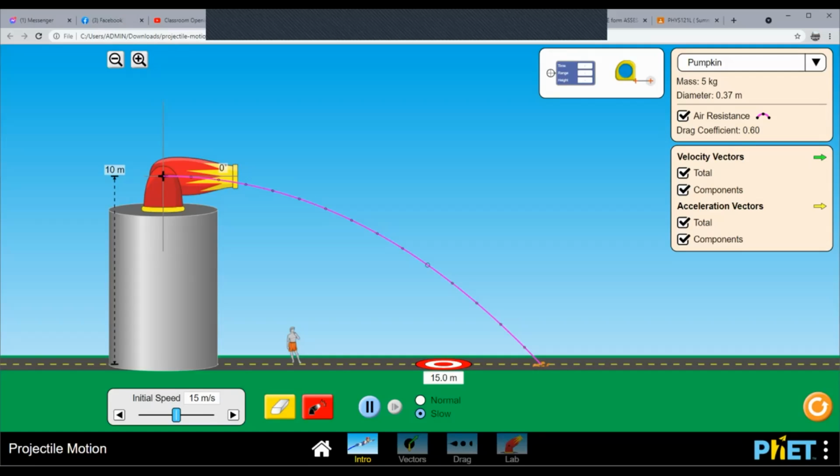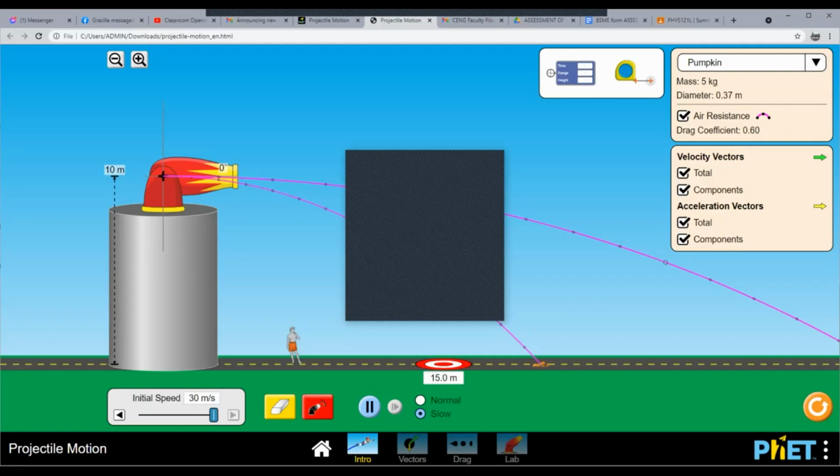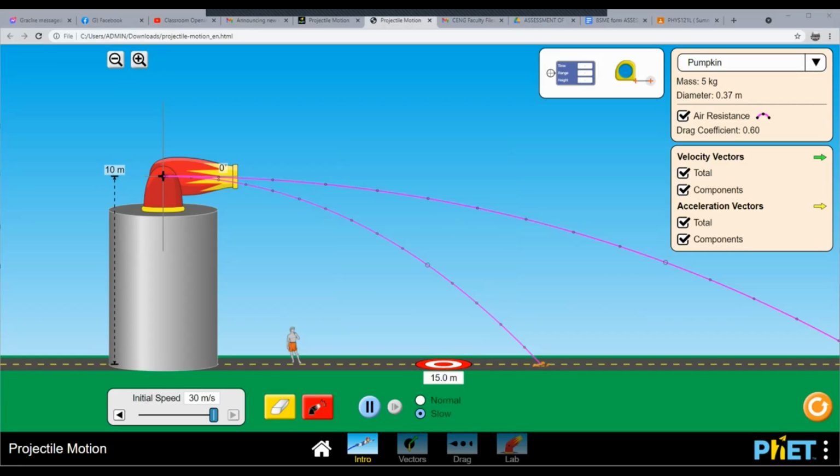Let's say, what would happen if we increase the speed? So let's say we increase the speed. So what do you notice? Once we increase the speed, what happens? Mahaba po yung travel distance. Okay. So, mas malayo yung naabot nung projectile, di ba?